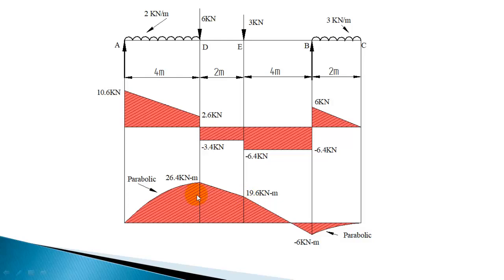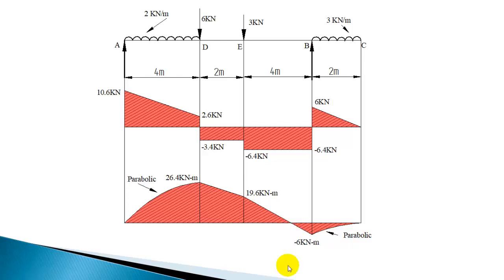Now in this bending moment diagram you can observe that bending moment is changing its sign at this point, from a positive value to a negative value. So this point is known as point of contraflexure or point of inflection.